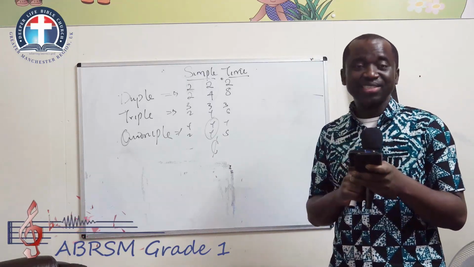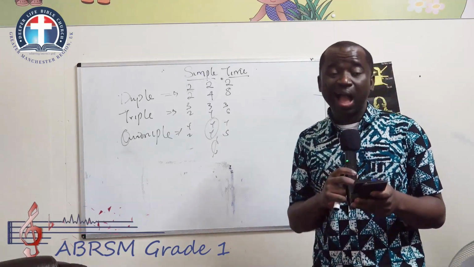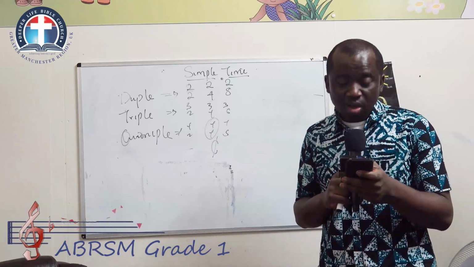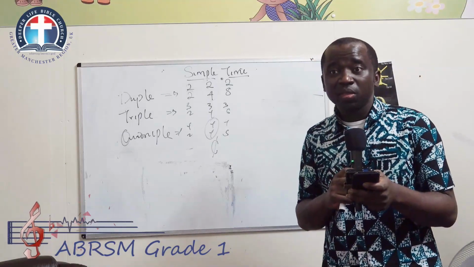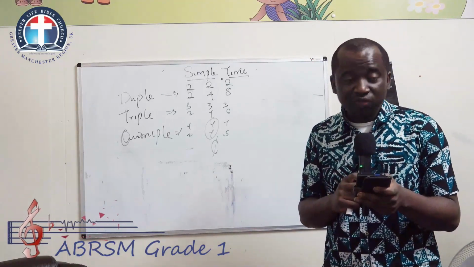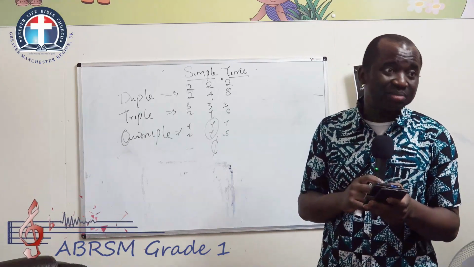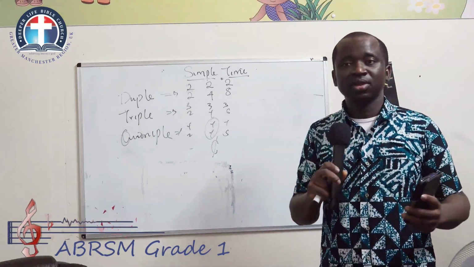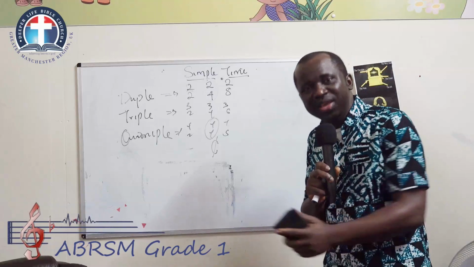They give you that, but they say you put the time signature there. So you have to count and know which of these time signatures will suit that bar, because that's a complete bar.